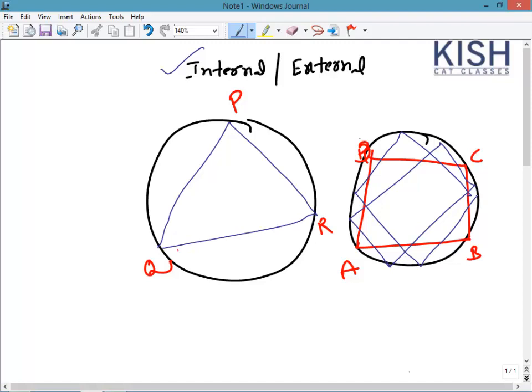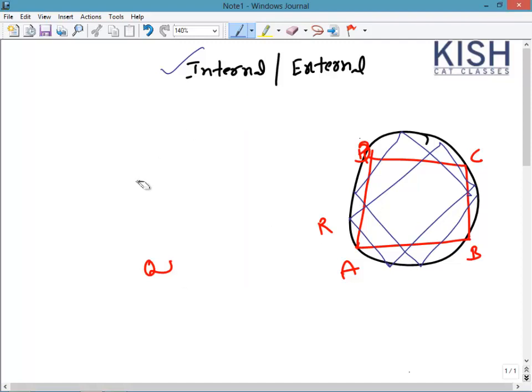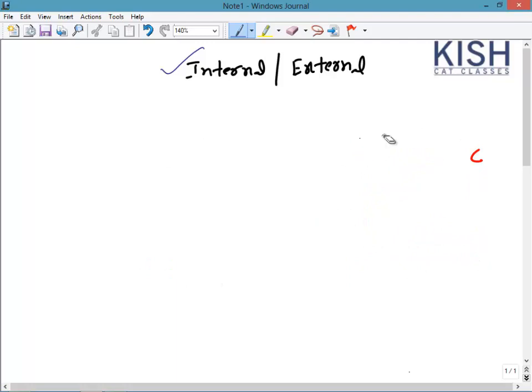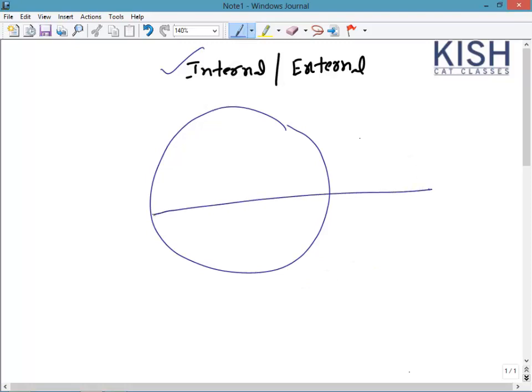Now, let me focus on the external things, a circle and its external things. A circle is drawn. Now, from an external point, you can draw straight lines, a straight line passing through the circle, a straight line just touching the circle outside.